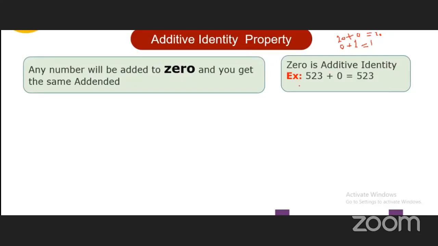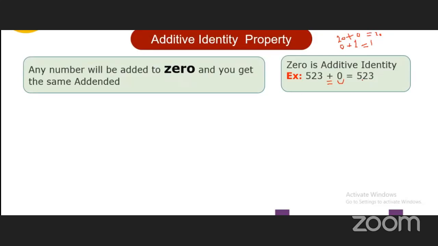For example, 523 plus 0 equals 523. Why? 0 is the hero in addition, and 0 acts as a mirror. So when we add any number to 0, we get the same number or the same addend.